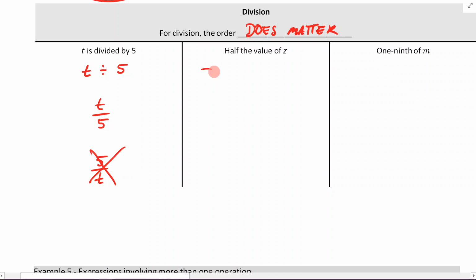Well, that means z divided by 2. But there's also another way we could write this. We could say half times z. Because if you multiply something by a half, that's the same as dividing it by 2. And remember, we don't like putting that multiplication sign, so you would just write it like that.